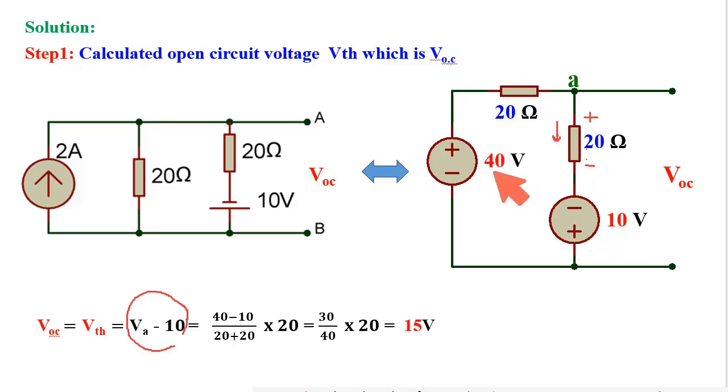So the total voltage is 40 minus 10, divided by the full path resistance, that is 20 plus 20. This is the current flowing through this 20 ohm resistance. That multiplied by this 20 ohm is the potential drop across this 20 ohm resistance. Through this calculation, I got VOC as 15 volt.